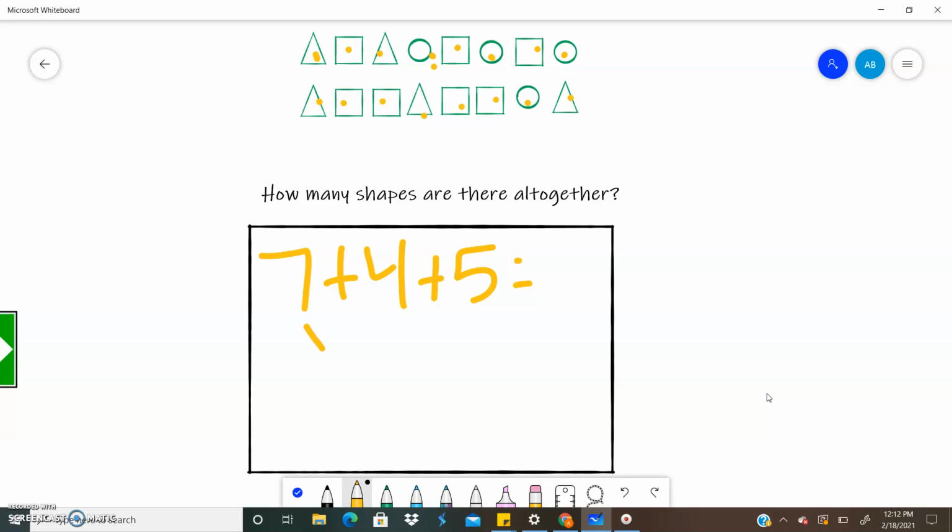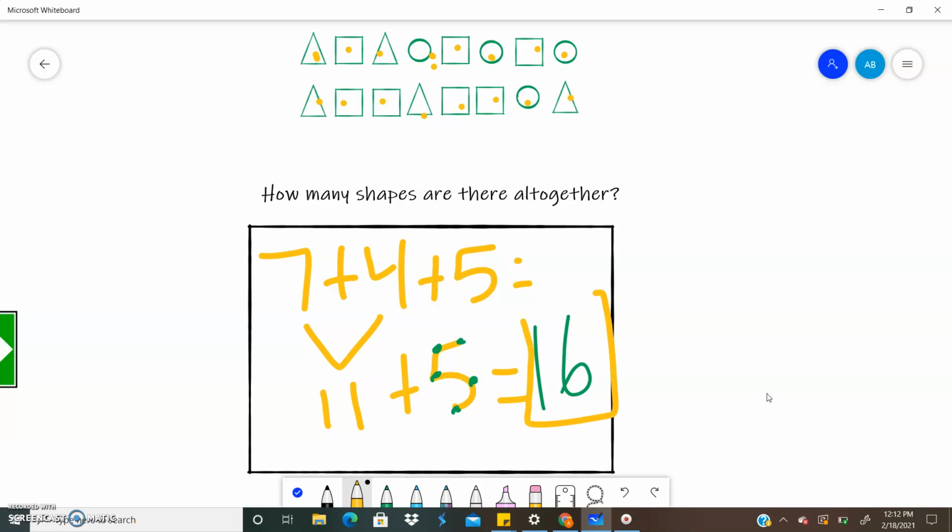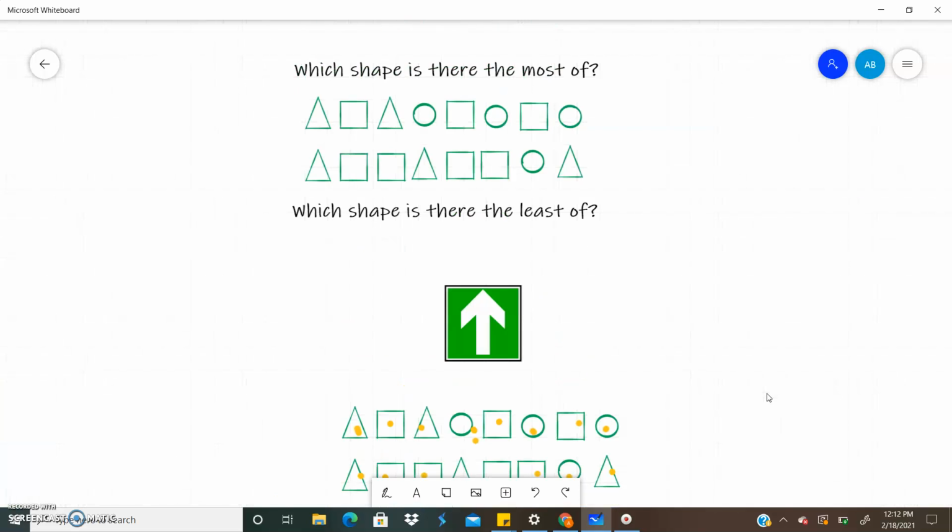And we said 7 plus 4 was 11, and then 11 plus 5 equals 11, 12, 13, 14, 15, 16. That was going to equal 16. So how many shapes are there altogether? Altogether, there are 16, because this word altogether means we're going to add all of those shapes.